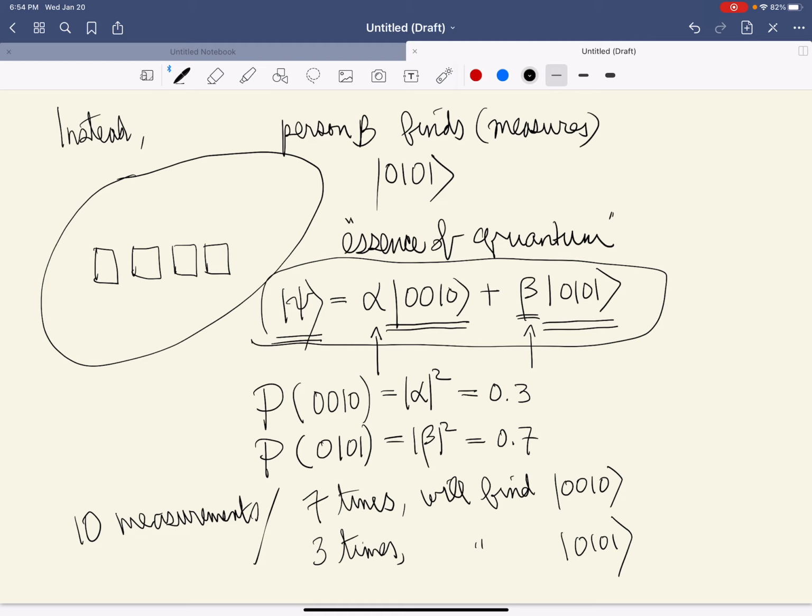Okay. So in fact, the different outcomes for different measurements is not at all inconsistent with the rules of quantum mechanics. In fact, the rules of quantum mechanics are inherently probabilistic.